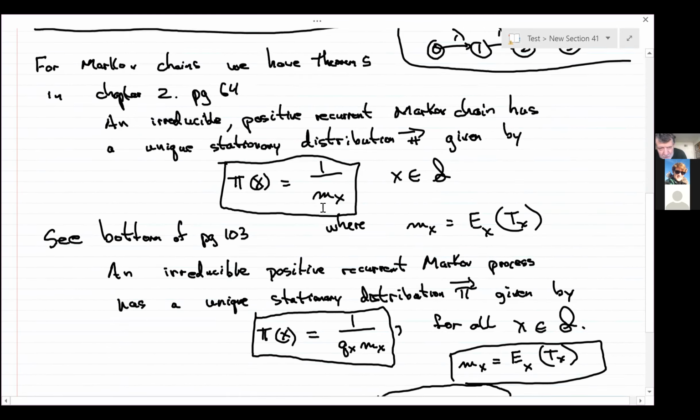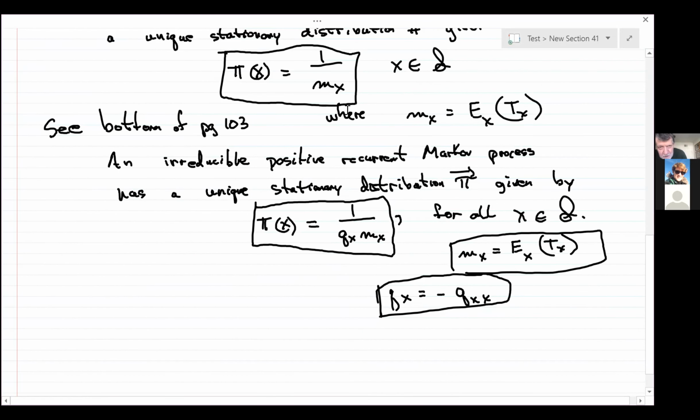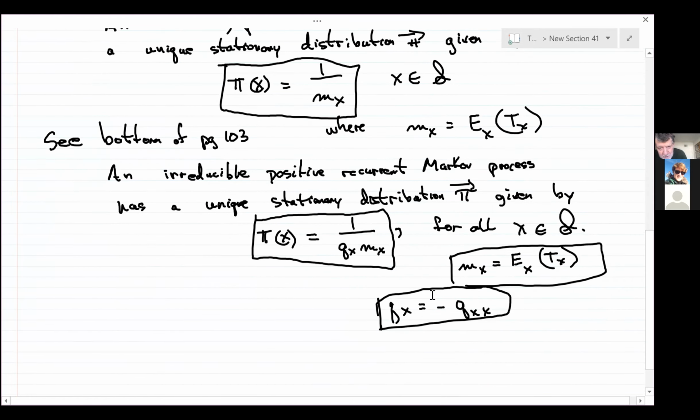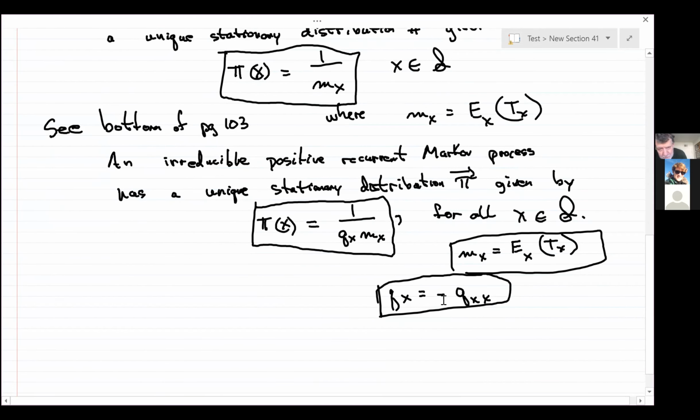Here's our new result, how to find the m's using this theorem on page 103, which is very similar to the theorem we already did in chapter 2 on page 64. The only thing that you needed to know is that qx is minus qxx. So it's the diagonal element. And don't forget the negative sign. If you forget the negative sign, you're going to get negative averages, and that just doesn't make sense.